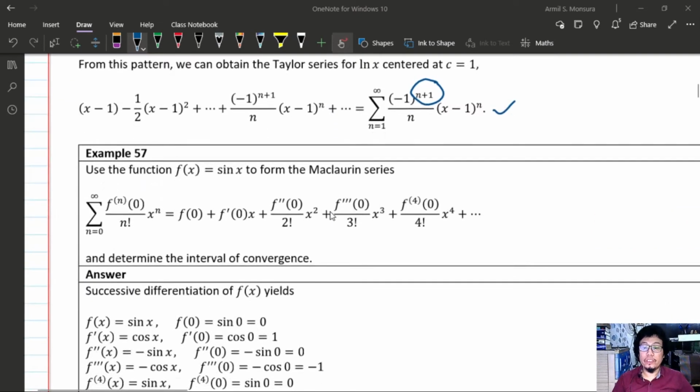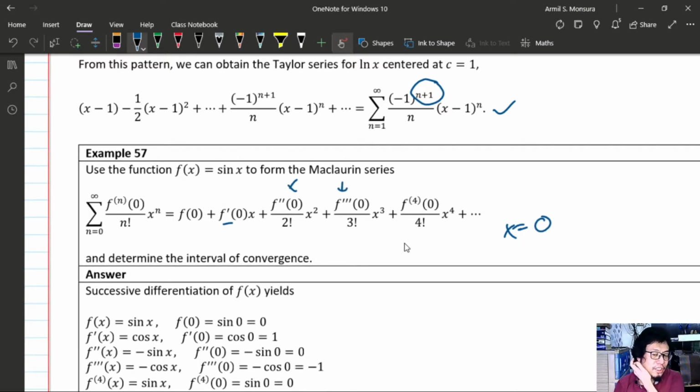Now let's try to work on example 57. Let's use the function f of x to form the Maclaurin series and determine the interval of convergence. The Maclaurin series, again, is centered at x equals 0. So what we will do is get these successive derivatives.